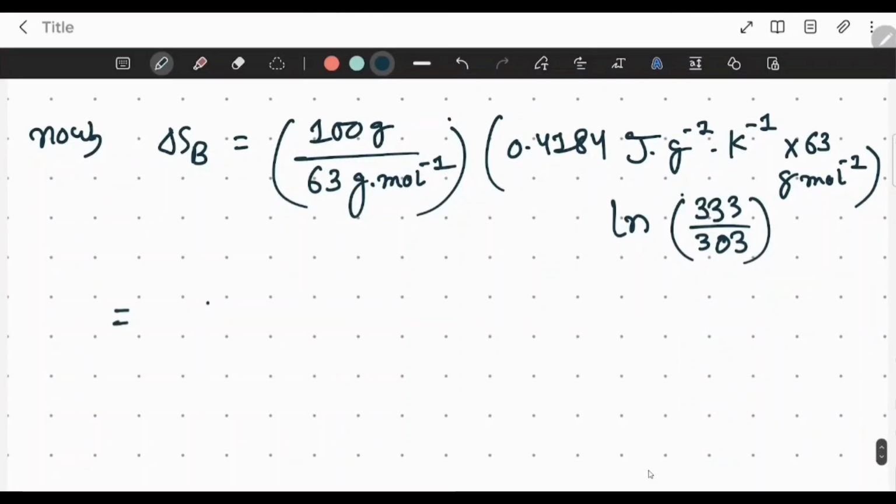Okay, if you do this calculation, it will be 3.950 joule per Kelvin.